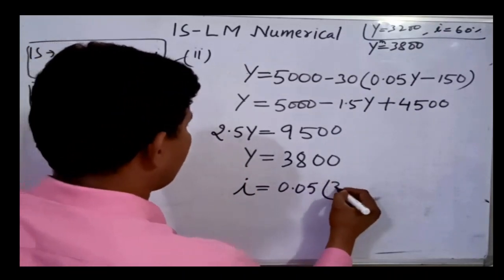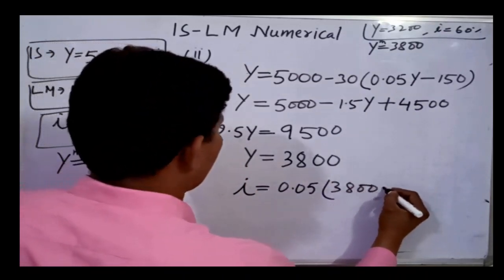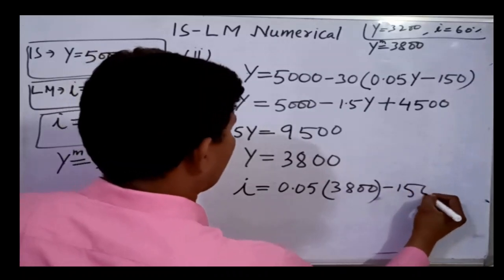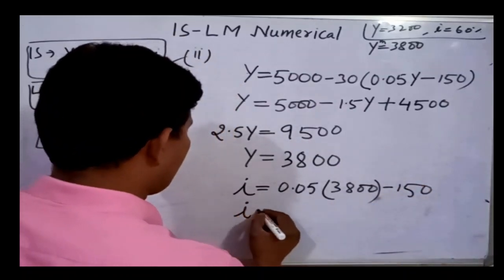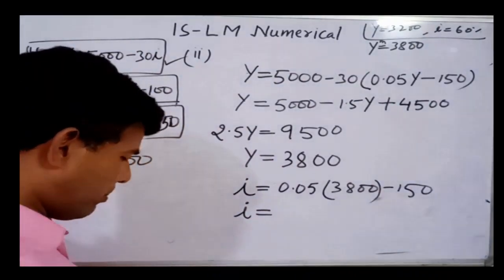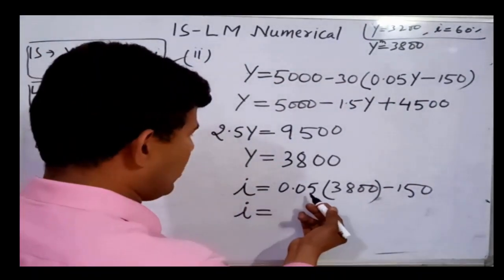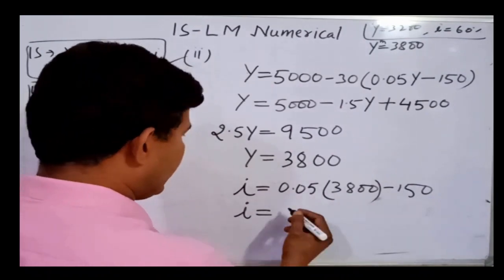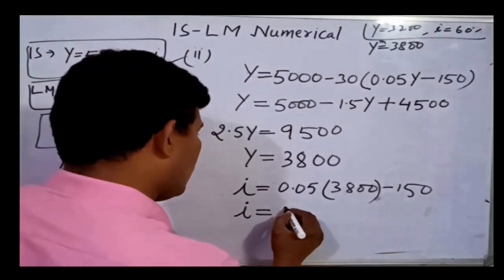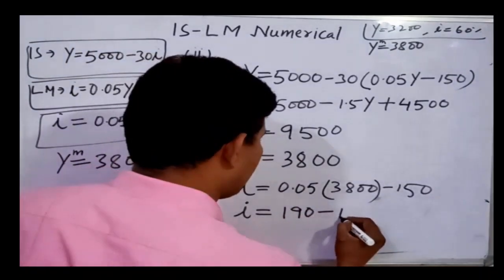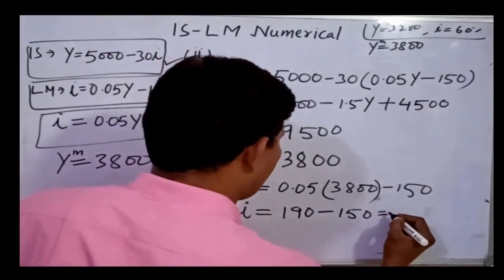What is the value of y? 3800, minus 150. So if you multiply 0.05 into 3800, you get 190, right?